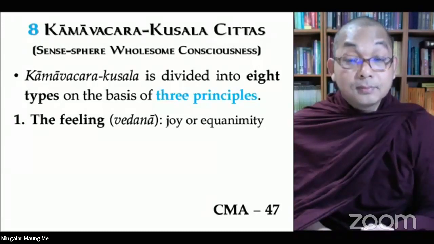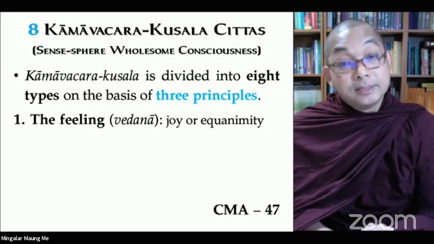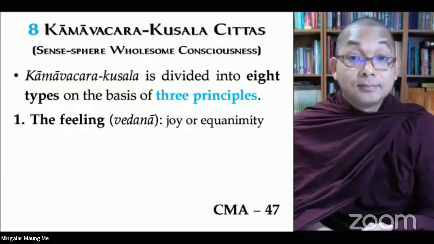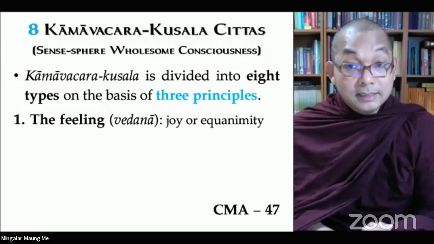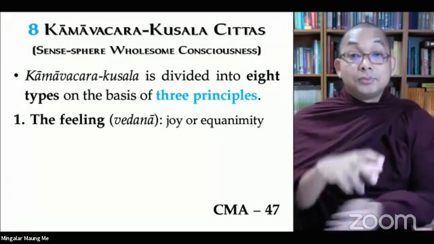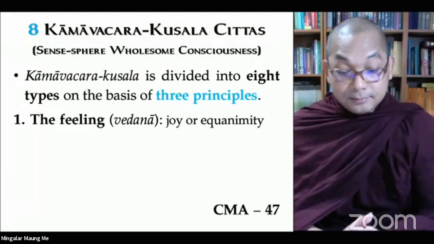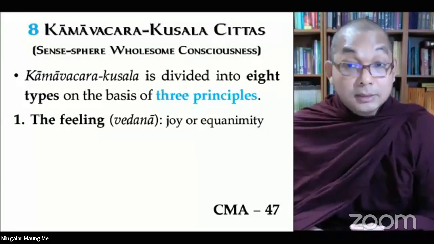Sometimes, when you're doing dana, you feel very happy. That's joy, accompanied by joy. Sometimes you do dana, just normal, you don't feel anything. So your state of mind is not accompanied by joy, it is a neutral feeling. When you meditate, if you feel happy, it is accompanied by joy.